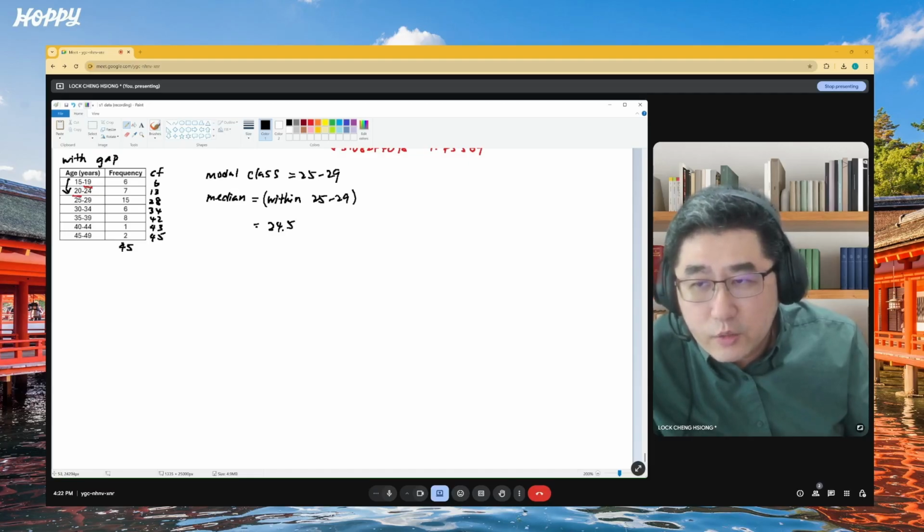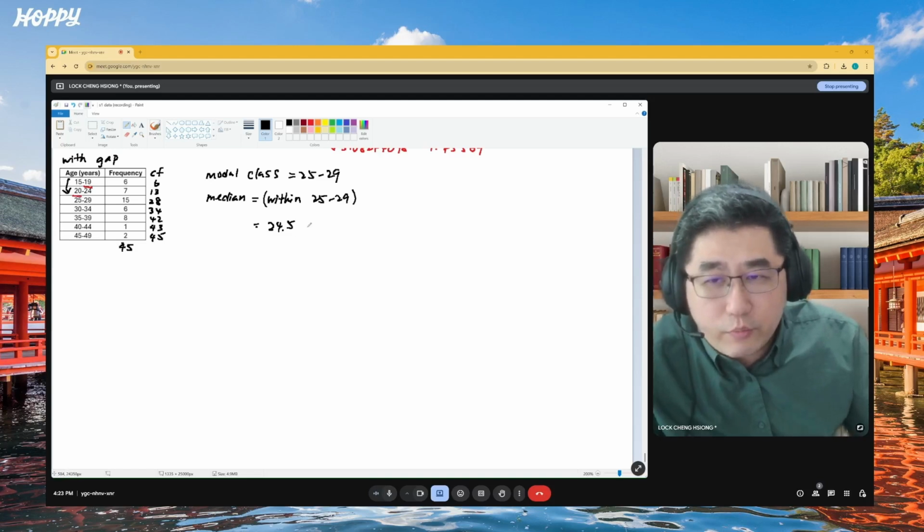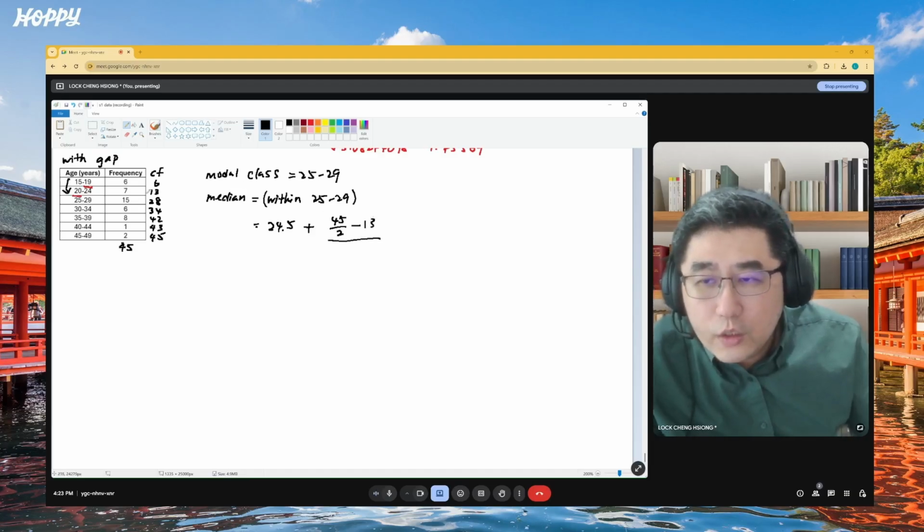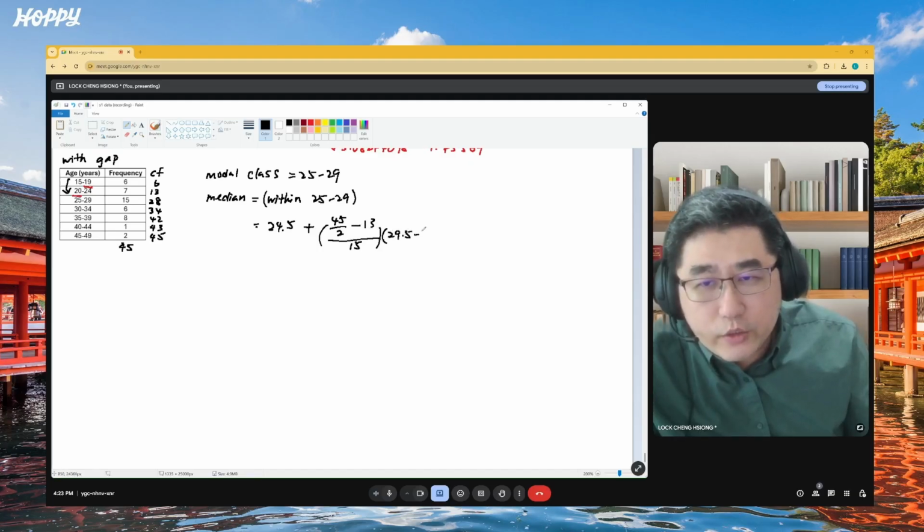You see before 25, there's a 24 here, so we need to take the midpoint. So 24.5 plus 45 over 2 minus the cumulative frequency before the class, which is 13, over 15, the frequency of the class, then multiply by the class size of the group. So I will have 29.5 minus 24.5 here.